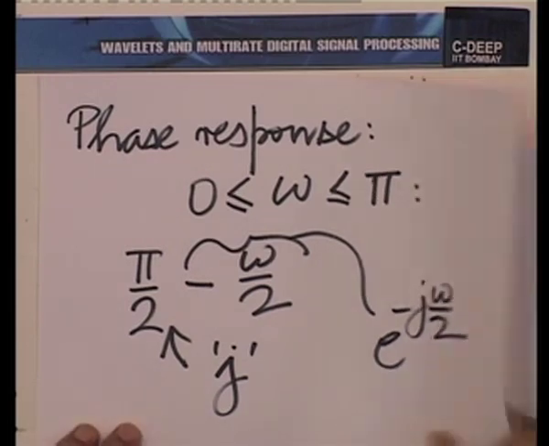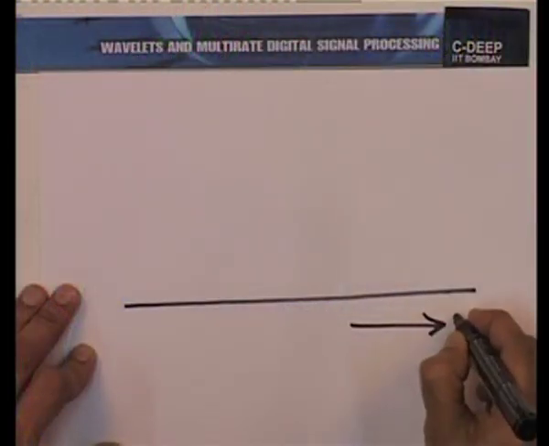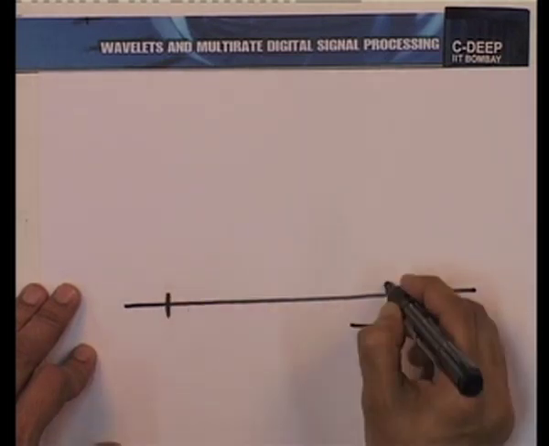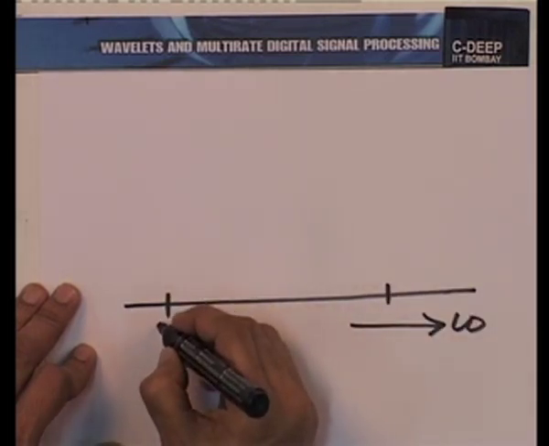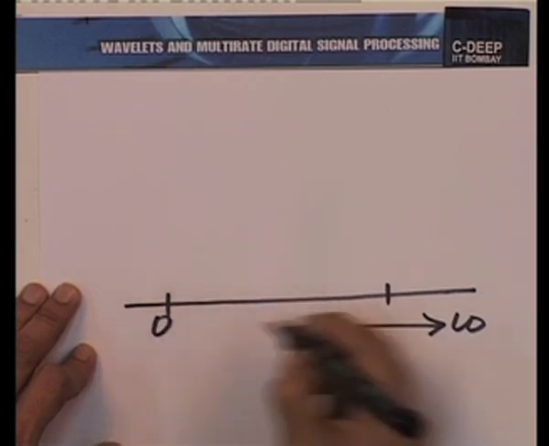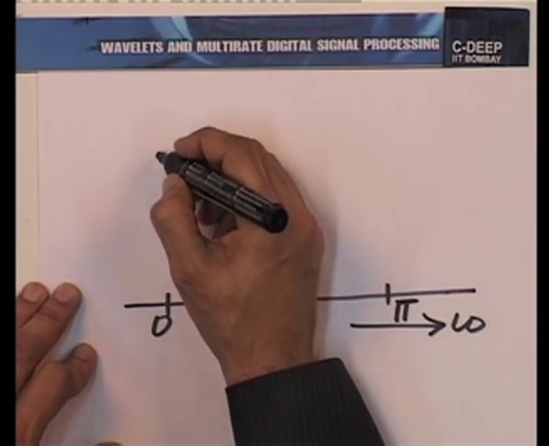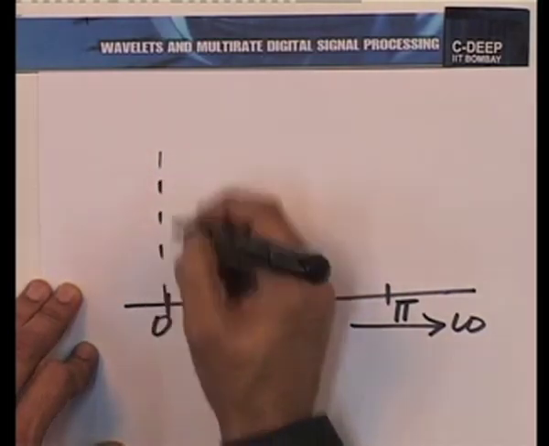Let us sketch this response. The phase response. So, of course, at omega equal to 0, it is going to be pi by 2. And at omega equal to pi, it is going to be 0.